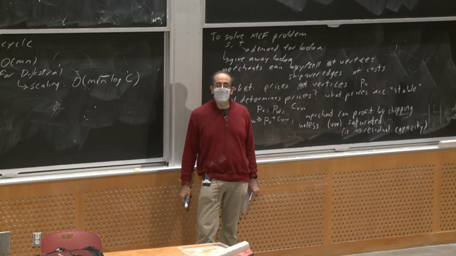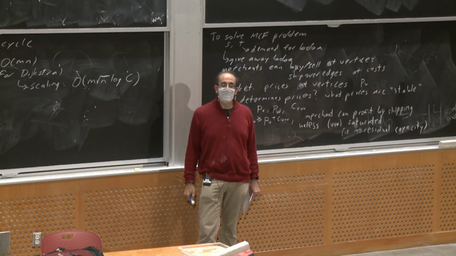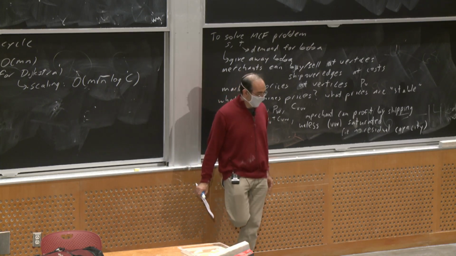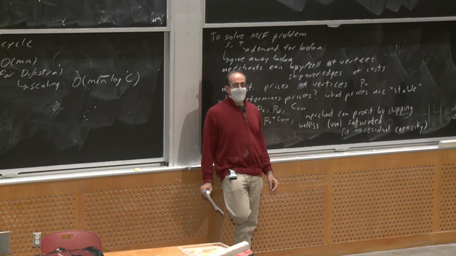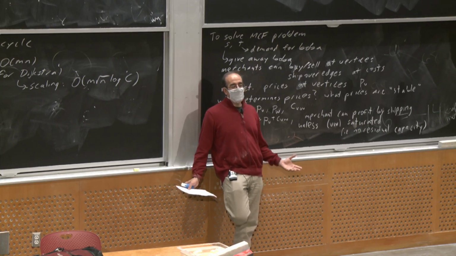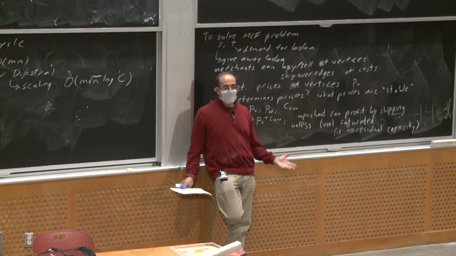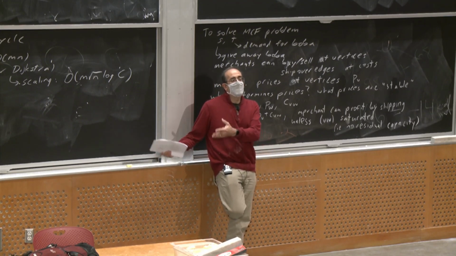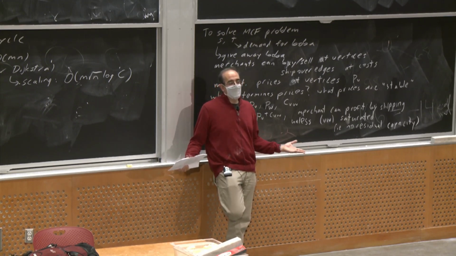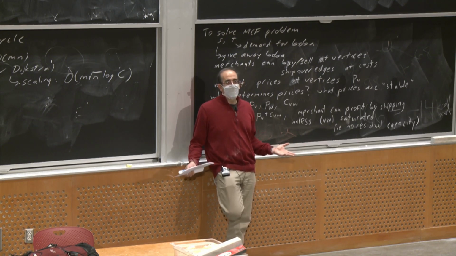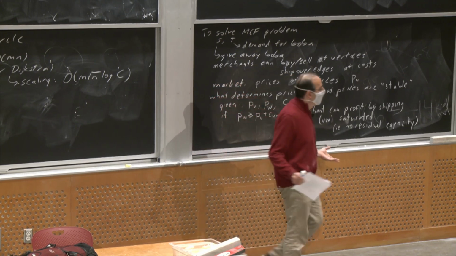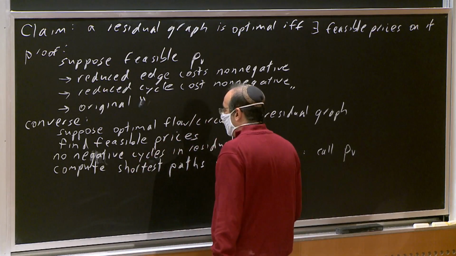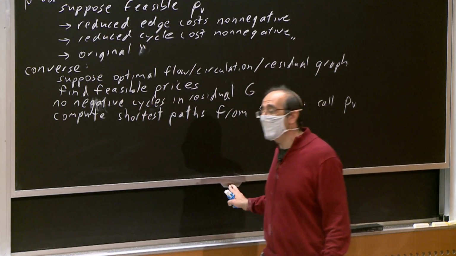Yeah? The cheapest way to ship it to v, we have to pay all the costs on the way, so basically the cheapest. Exactly. The shortest path is the cheapest way to get boba from where it's free, in that magical land, to where you want it. So it's the price of a unit of boba. These are very natural prices to talk about. Can we prove that they're feasible?